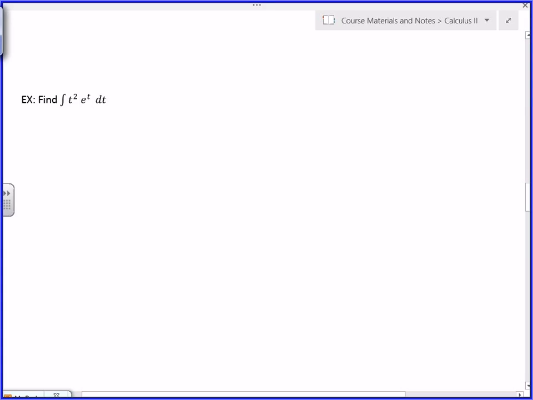All right, so this is kind of like the one I started with when I was doing x e to the x. It's now t squared e to the t instead of just t e to the t. So let's try same approach, integration by parts. So let's do u and dv.